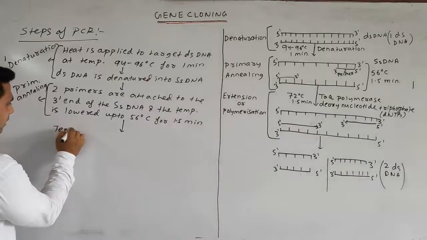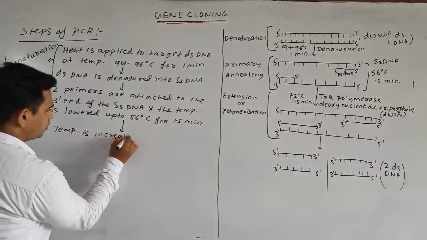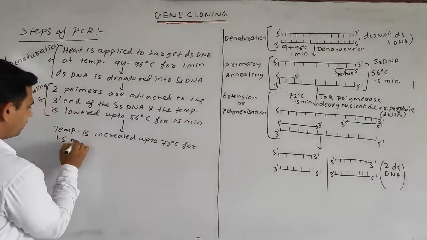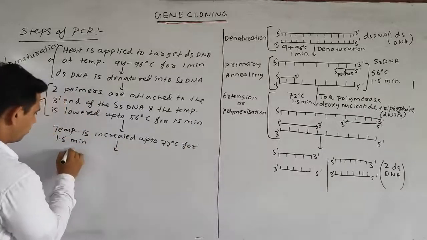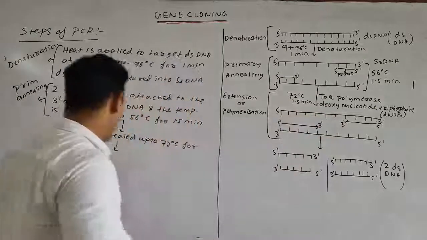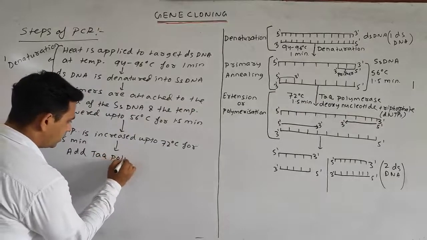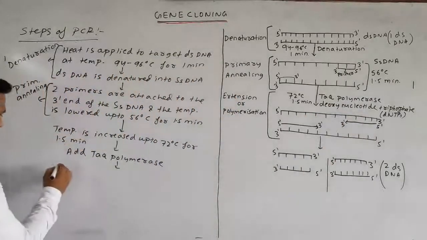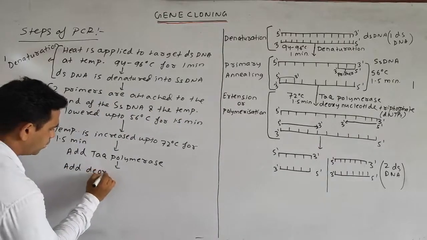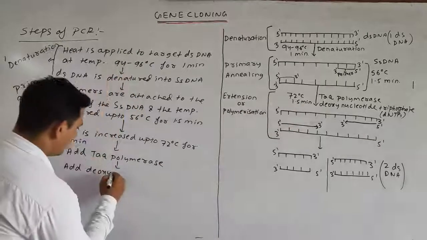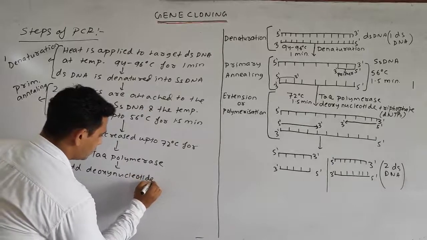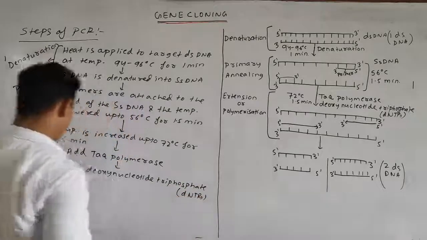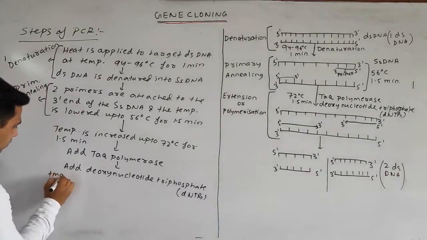Also we add the Taq DNA polymerase enzyme, and we add the deoxynucleotide triphosphates, or dNTPs, in the presence of magnesium ions.